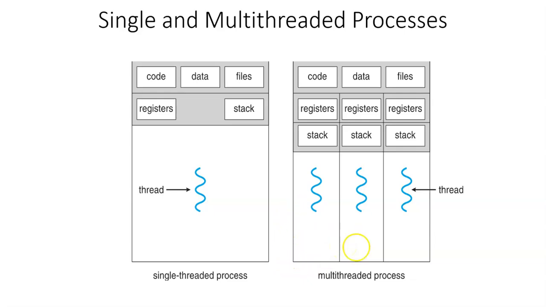So I'll create one thread to find the sum of rows from 0 to 30. Sum of rows is a common task, and the matrix is also common between these threads. They are executing the sum of row function, and the data is the same matrix. But this thread is going to compute the sum for rows 0 to 30, this one from 31 to 60, and this from 61 to 90.